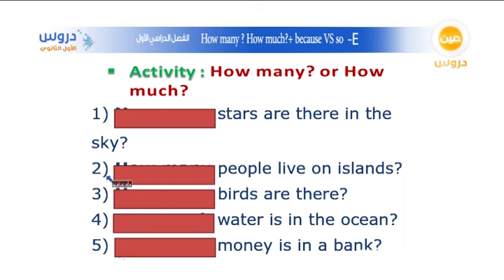Number 2, people live on islands. Are you going to use how many or how much and why? How many or how much and why? Alright, what do you think? How many people or how much people live on islands and why?